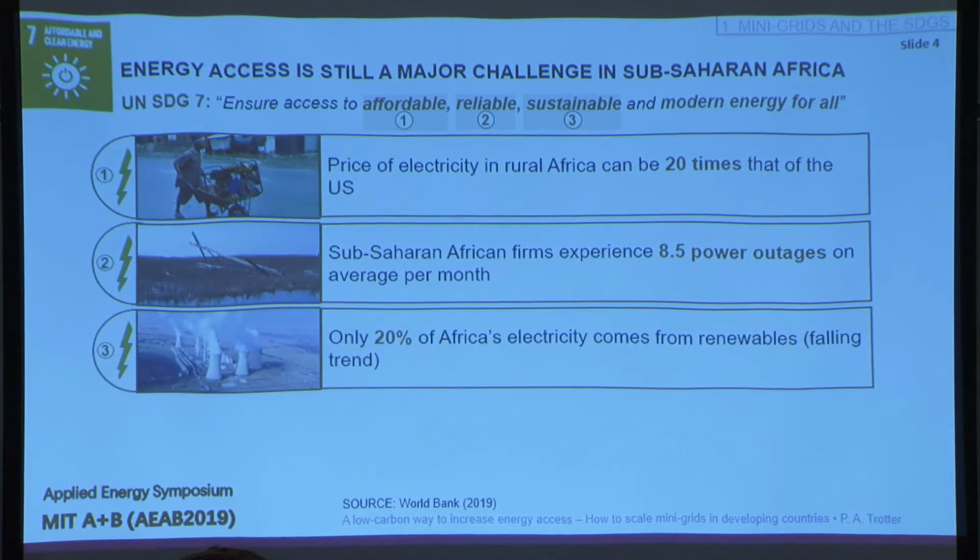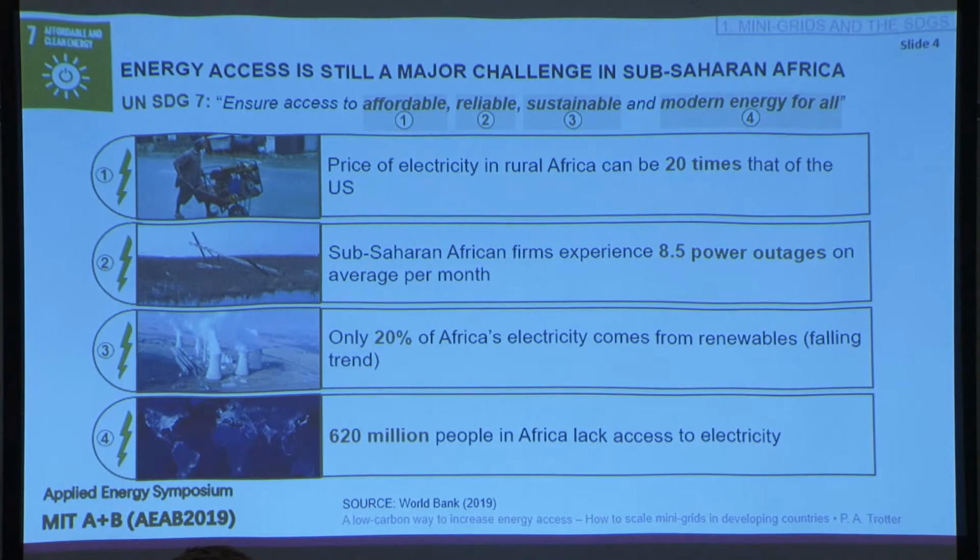Sustainability, you have a lot of sunshine in Africa, you have quite a lot of wind, quite a lot of hydro. Still only 20% of the continent's electricity comes from renewables, and in recent years we've seen a falling trend because there's a lot of investment in natural gas right now. And then really the big one here is the access to modern energy per se. 620 million people in Africa lack access to electricity.